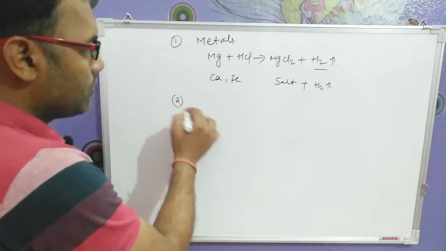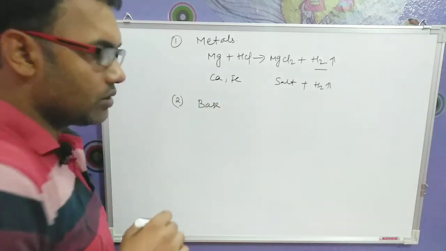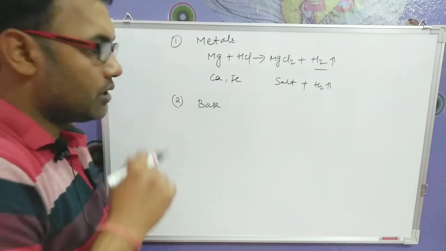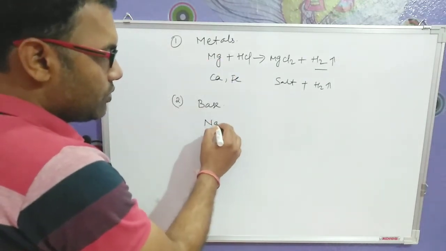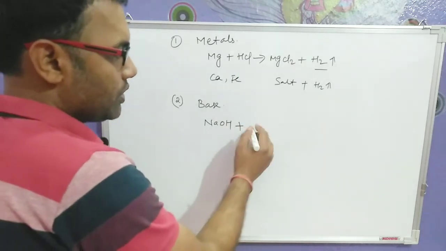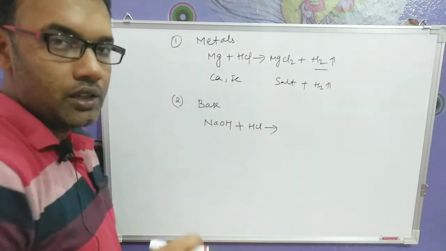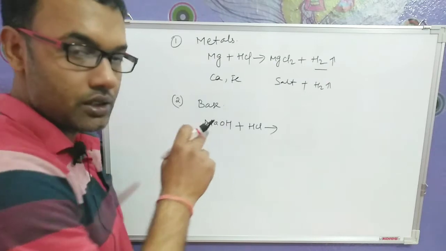The second reaction will be with any base. Now, what do we know about bases? For example, sodium hydroxide is made to react with HCl. Now see here, this is a base, this is an acid, and we know that there is a very famous reaction known as the neutralization reaction.